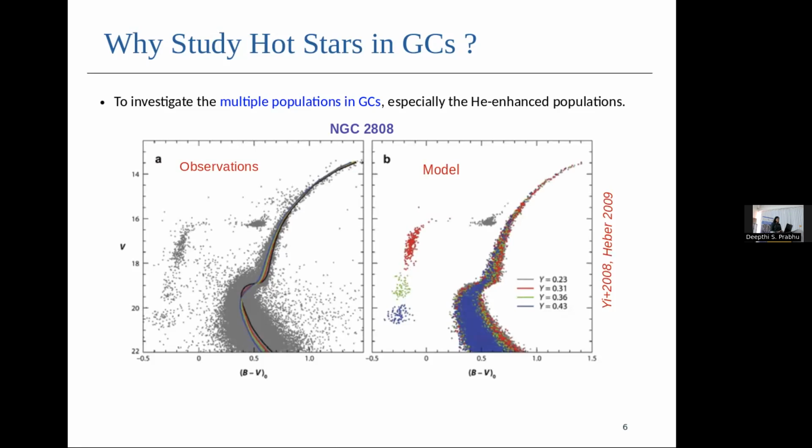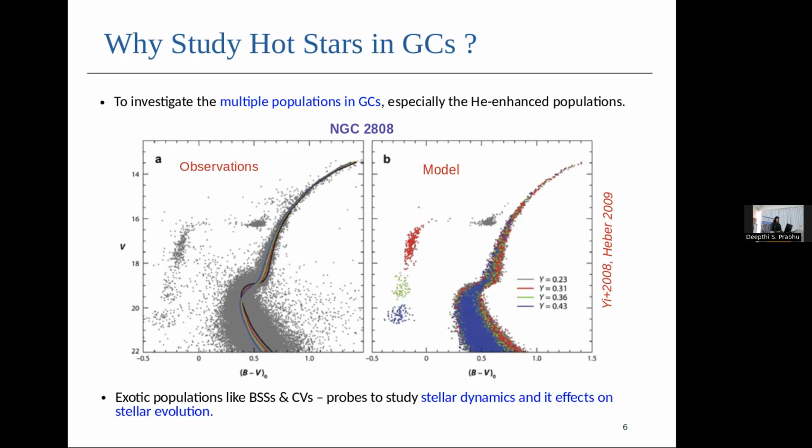Otherwise, this spread cannot be reproduced. And this spread is not because of photometric inaccuracy, because now we know that with HST observations, we have enough photometric precision to separate out these stellar subpopulations, and this is statistically significant as well. So it's important to study hot stellar populations to investigate the multiple populations along the horizontal branch shown here.